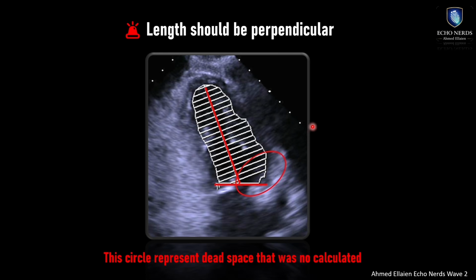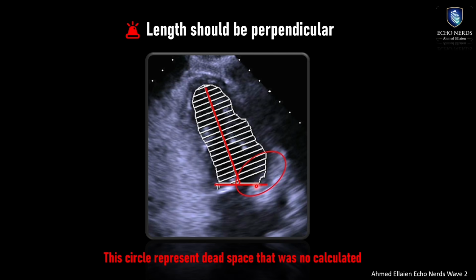One important technical point is that the LV long axis length should be measured perpendicular to the mitral annular plane and extend to the true apex. Like this, we have to make it the most perpendicular, because in this example we are not doing a perpendicular length.